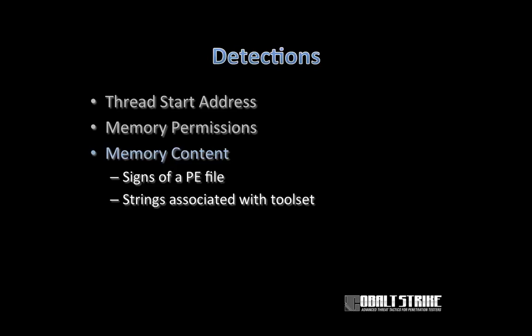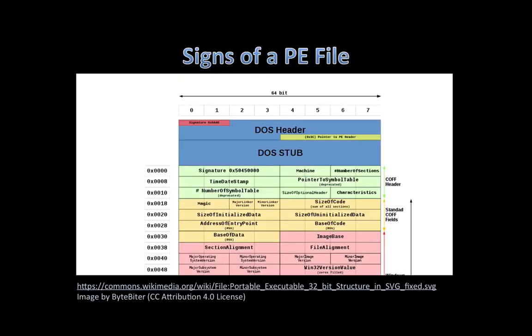And you may be asking, okay, that's vague, Rafi. What do you mean here? Well, an executable or DLL, a PE file, has a format, and that format happens to have certain identifiable strings and magic bytes, or even information that might cross-correlate and say, yeah, this is a PE file.